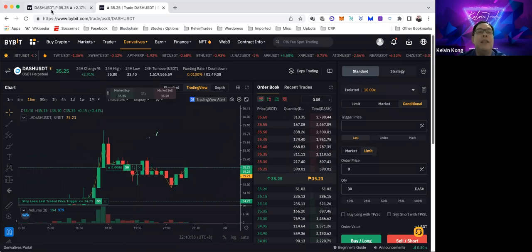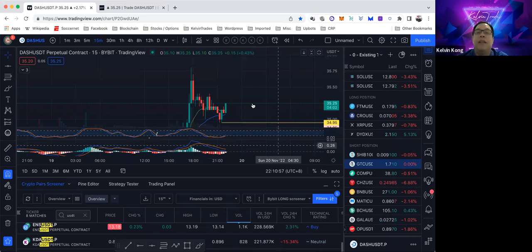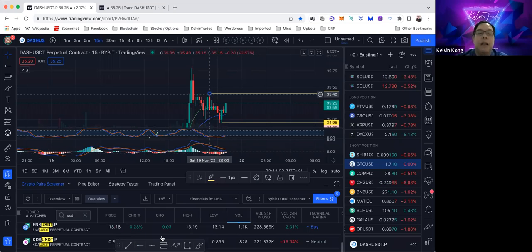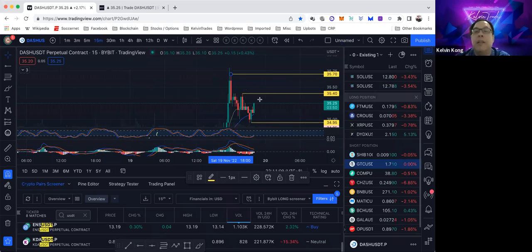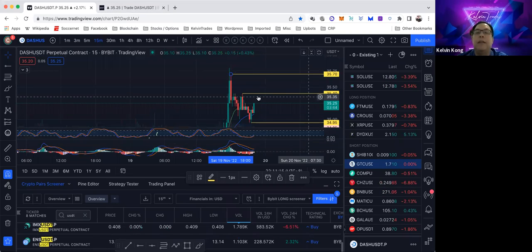Okay, so let's say TP1. If our entry is somewhere here, let's say our TP1 is here. Our TP2 is here. Then we leave the rest to run. So 35.4.